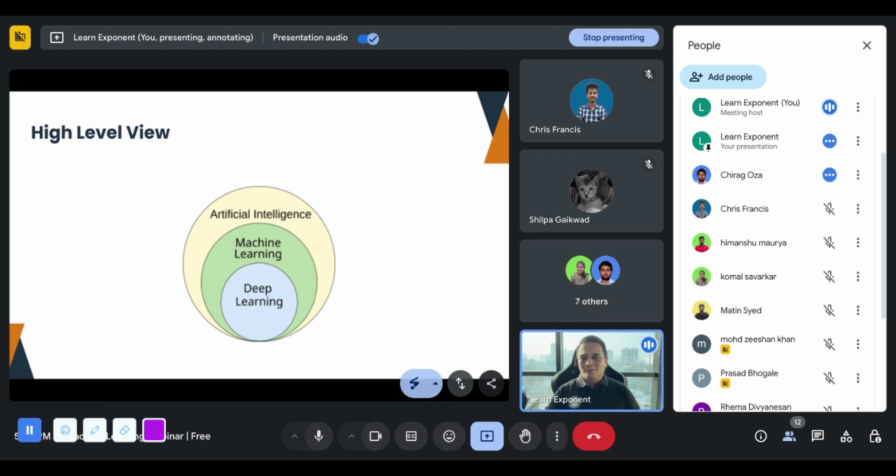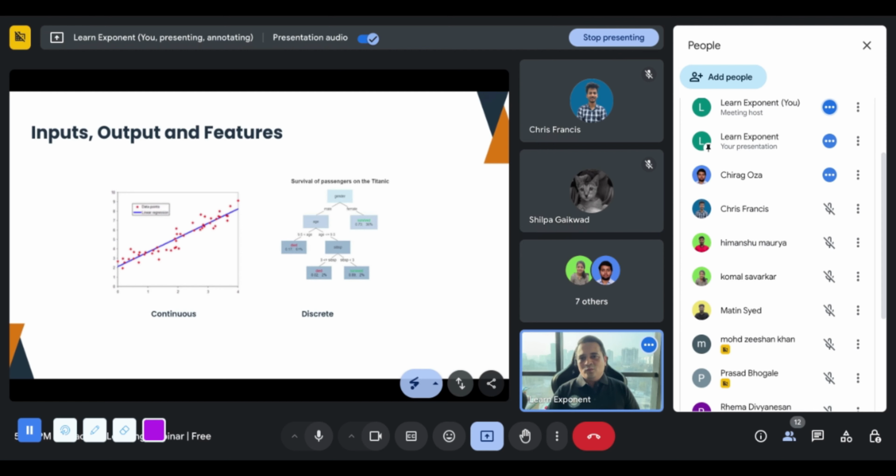As you can see from this Venn diagram, AI is an all-encompassing superset of both machine learning and deep learning, and deep learning is a very specific subset of machine learning, right? What it means is there are algorithms out there which can be classified as machine learning algorithms, but not necessarily deep learning algorithms.